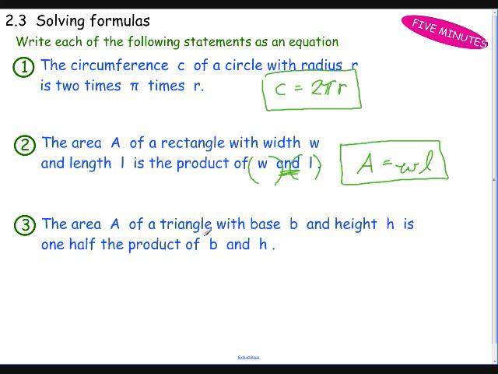The area of a triangle with a base b and height h. So we have a triangle, and it's got a height of h and a base of b.